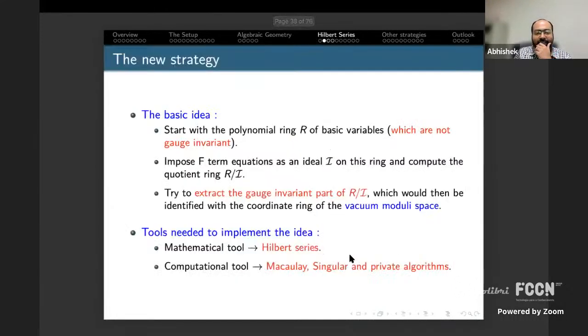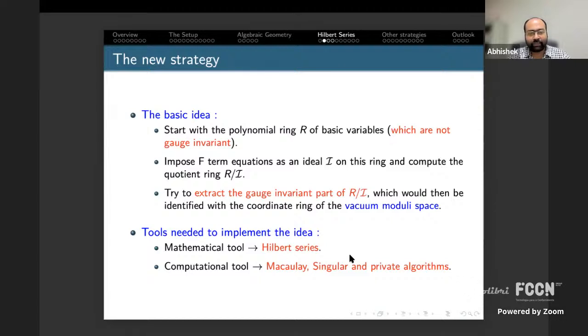The new strategy that we are going to use is this Hilbert series, where instead of thinking directly in terms of gauge invariant operators, we'll first create this polynomial ring R in terms of the basic variables, which are of course not gauge invariant.